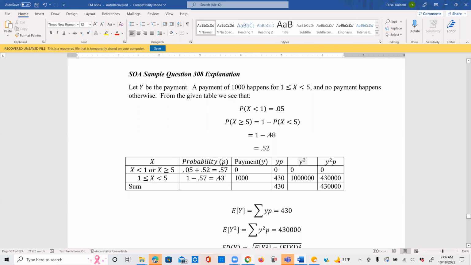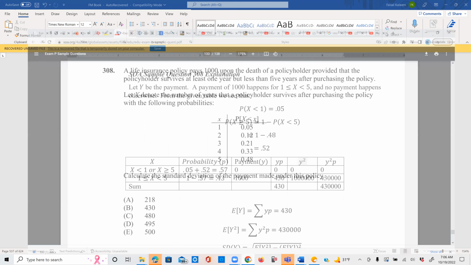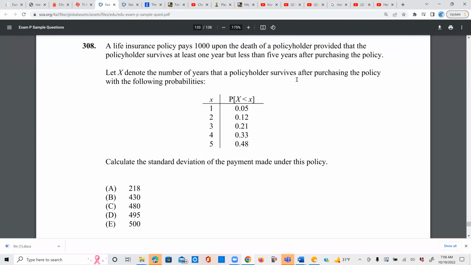So I call Y the payment, and a payment of 1,000 happens if X is between 1 and 5. Remember, X was the number of years that the policyholder survives after purchasing the policy.